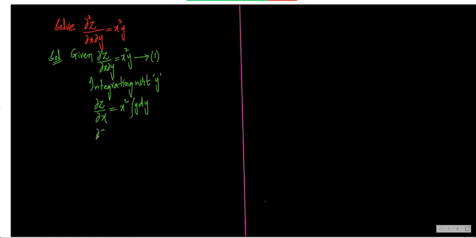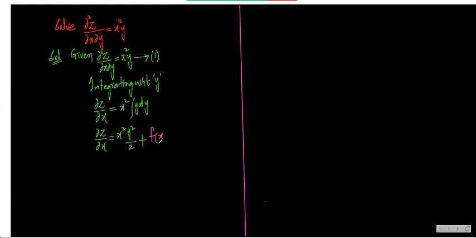So dou z by dou y is equal to x square as it is. Integration of y is what? y square by 2, plus f of x. Yes, very good.